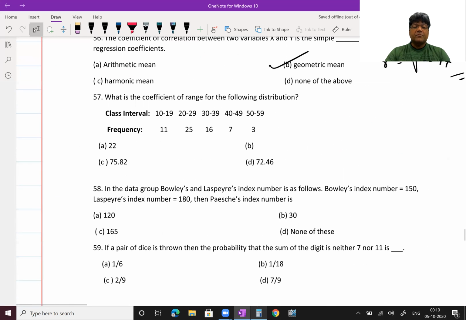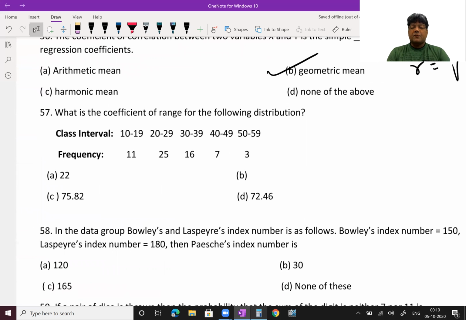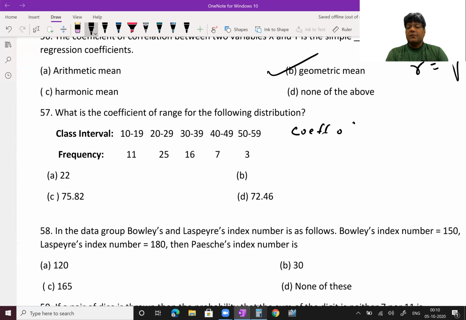Question number 57: what is the coefficient of range? Guys, remember the formula: largest minus smallest, divided by largest plus smallest, into 100. The largest is not 59, guys, because if you convert to class boundary it comes out to 59.5.